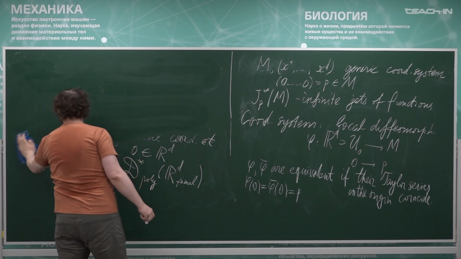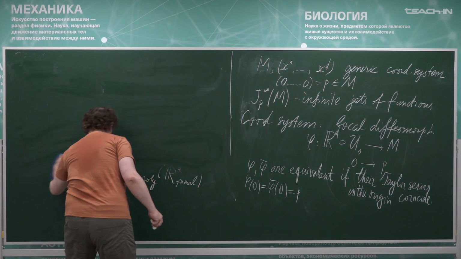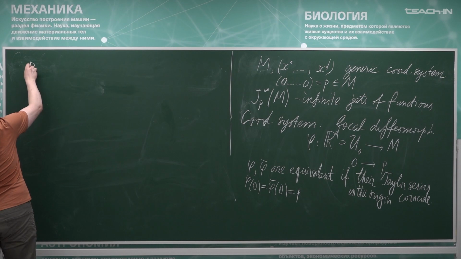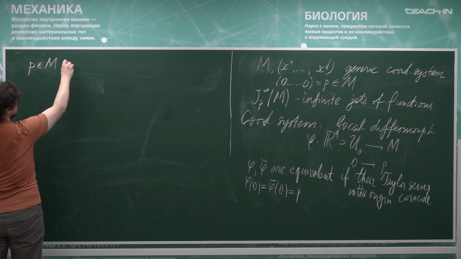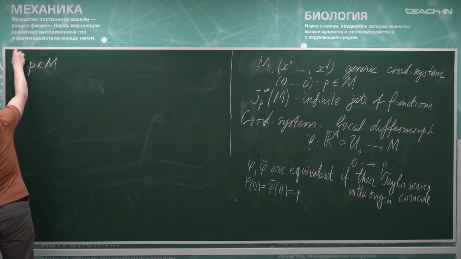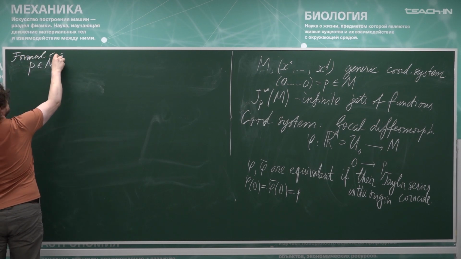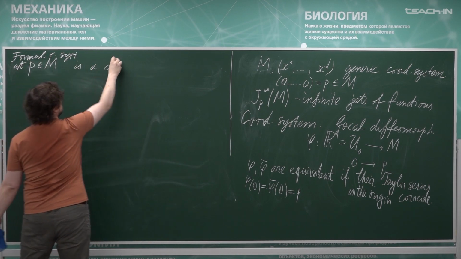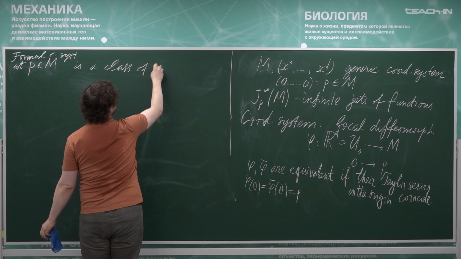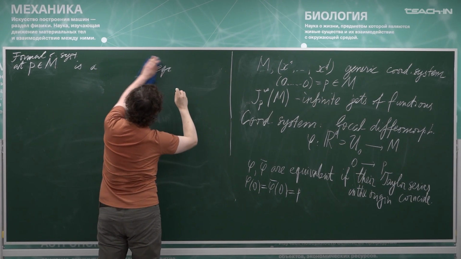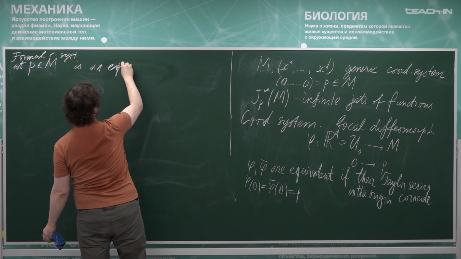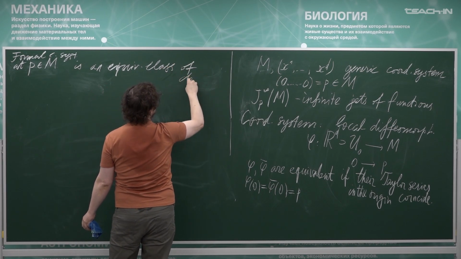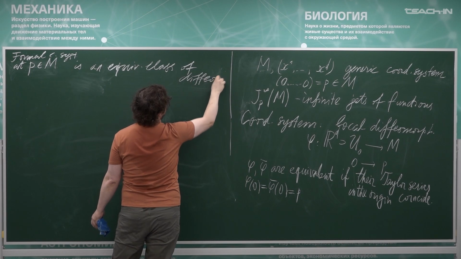A formal coordinate system at a point P is an equivalence class of diffeomorphisms at this point.